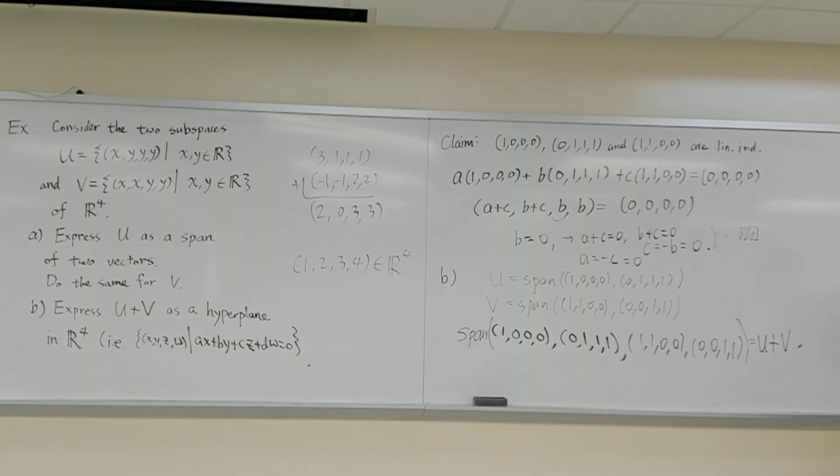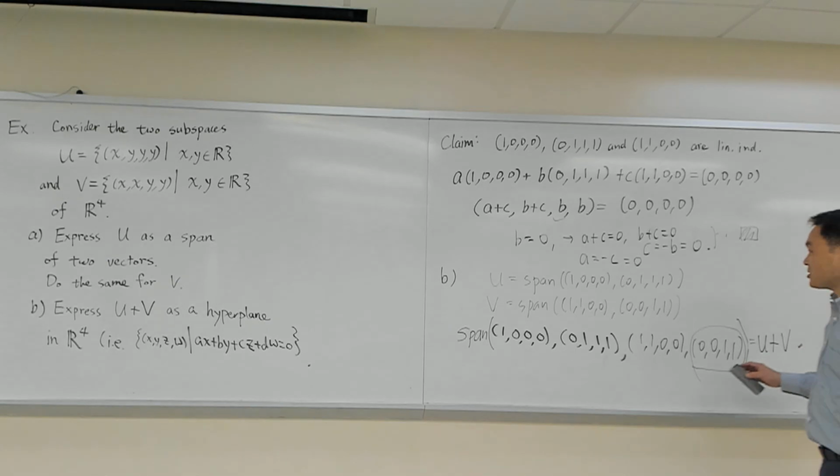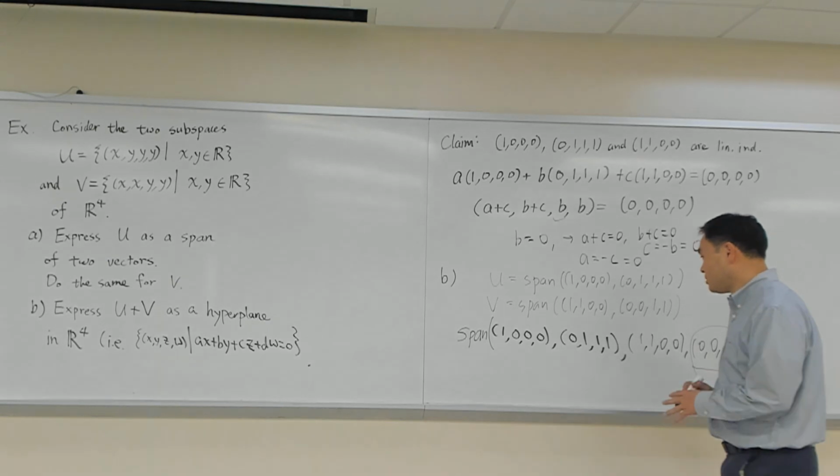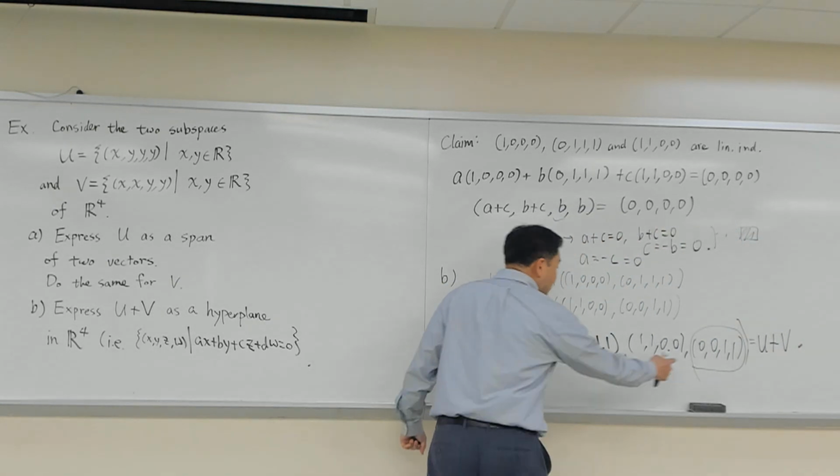Then now let's try to add this fourth vector. Is this linearly independent from the other guys? What do you think? Yes, that's what it is, right? So indeed, this is linearly dependent on here.